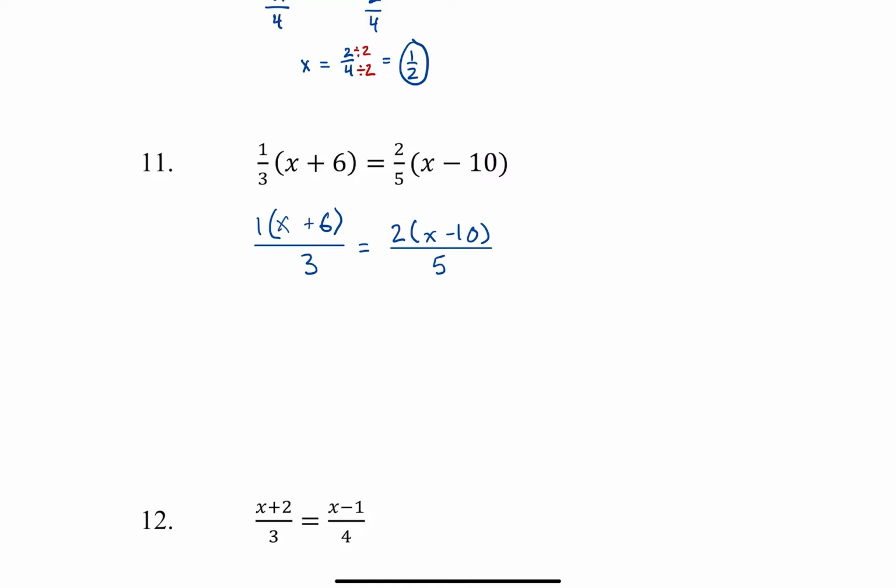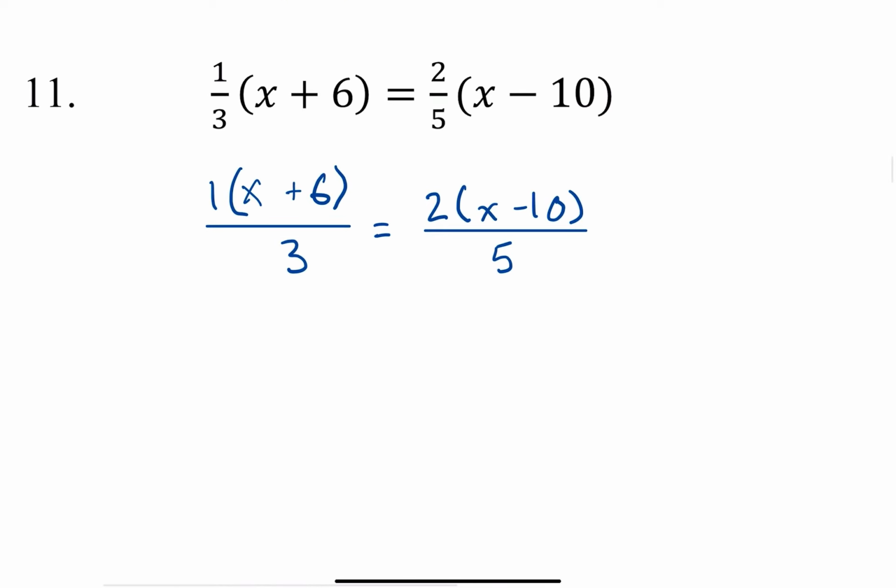So what we'll go ahead and do now, let me zoom in here a little bit, is you could distribute the 1 if you want. So this would be x plus 6 divided by 3. And then you have 2x minus 20 divided by 5. Just to be consistent with what we did above, there's different ways you could approach this. You could multiply both of these, but you have to remember that it needs to be a quantity. You could also undo the fraction combination.